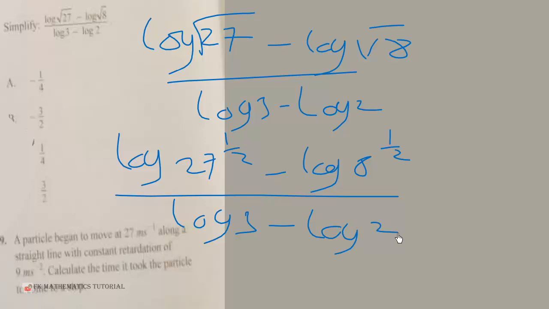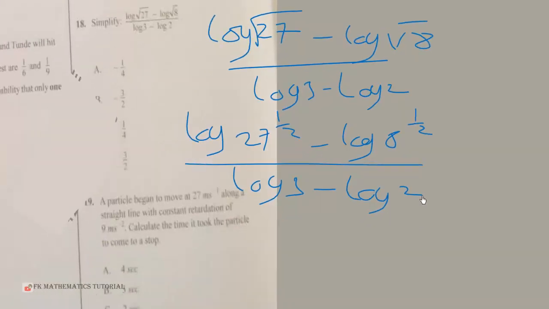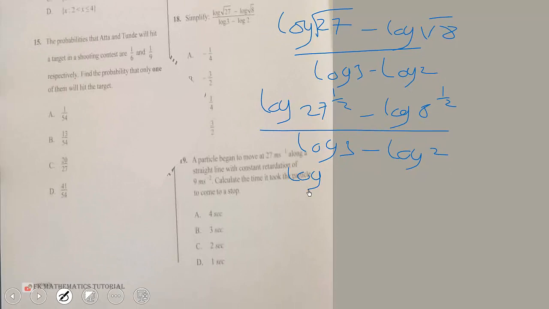Using the rules of logarithm, we know that log m exponent n is the same as n log m.